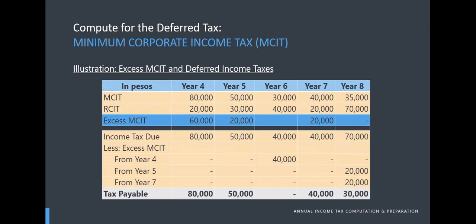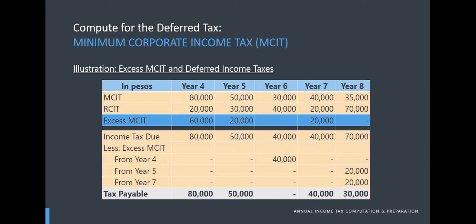In year 7, again, the MCIT is greater than the RCIT. So the income tax due is equivalent to the MCIT, which is 40,000, and the tax payable is equivalent to 40,000. In year 8, RCIT is now higher than the MCIT.